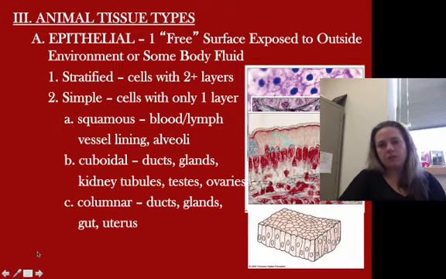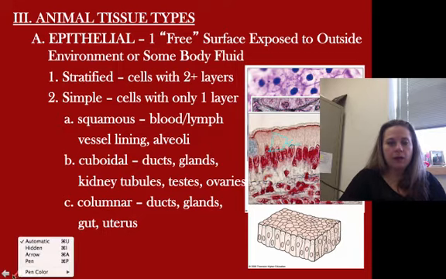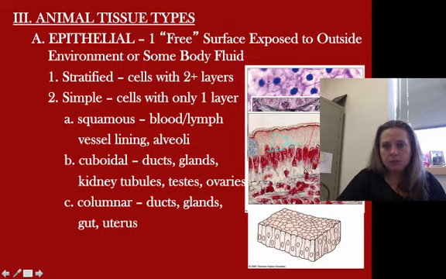The third type of epithelial tissue is called columnar epithelial. These are defined by having particular column-type shapes, which you can see. They run right down and they're very long and thin. These also create ducts and glands. They're also found in our intestine, the uterus, and our trachea.